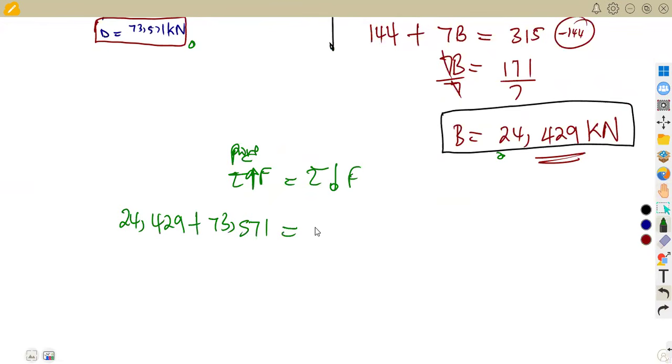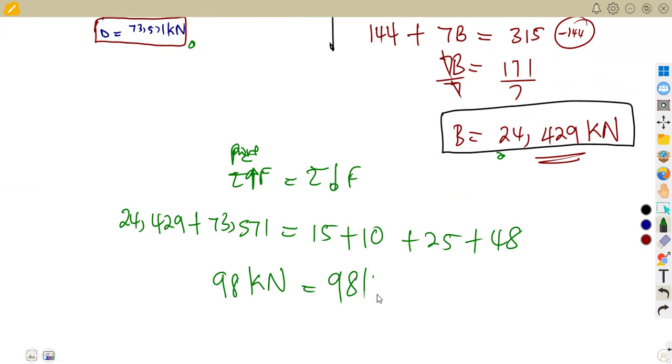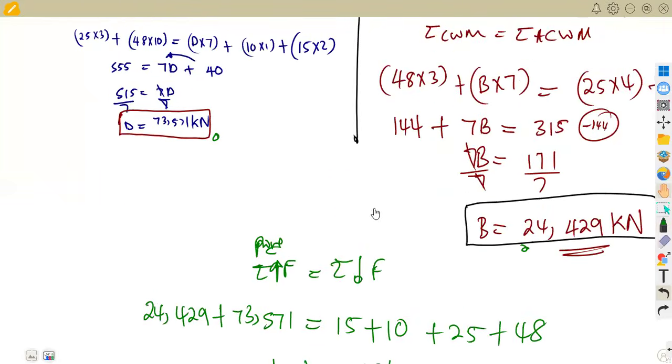So we said we've got 15. We also have 10. We also have 25 and also 48. All right. So this was going to give us 98 kilonewton, which is also equal to 98 kilonewton on the other hand. All right. So that is just for you to cross-check, because remember, you calculated these differently. So you are supposed to also check if they are giving you the exact values on that consideration. All right. So that was the idea of the question.